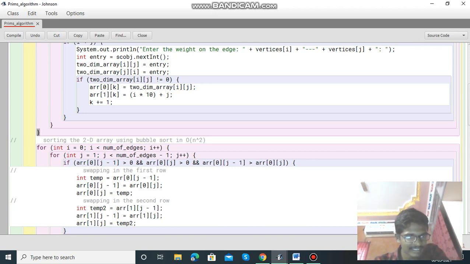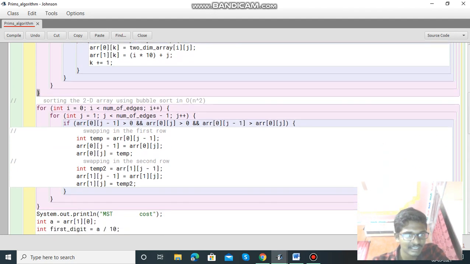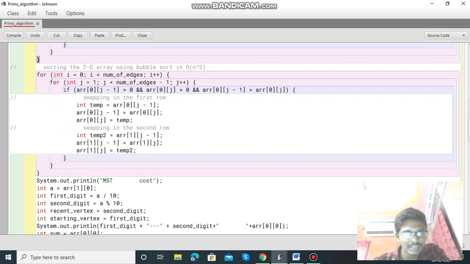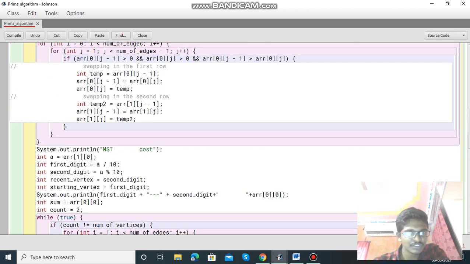Then sorting the two-dimensional array using bubble sort. For int i equal to 0, i less than number of edges, i plus plus, for int j equals 0, j less than number of edges minus 1, j plus plus, if array of 0 j minus 1 greater than array of 0 j, swapping in the first row: int temp equals array of 0 j minus 1, array of 0 j minus 1 equals array of 0 j, array of 0 j equals temp.